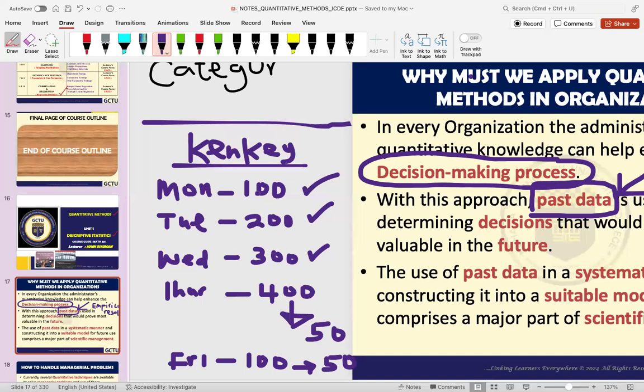What will go through your mind when you are having something like this, which was progressing, and all of a sudden it started retrogressing? There are several reasons that you can assign to this. Number one, it may happen that from Monday to Wednesday, there are a lot of customers around your joint. That is why all the quantities you sent were finishing early. But Thursday and Friday, sales dropped drastically to 50-50.